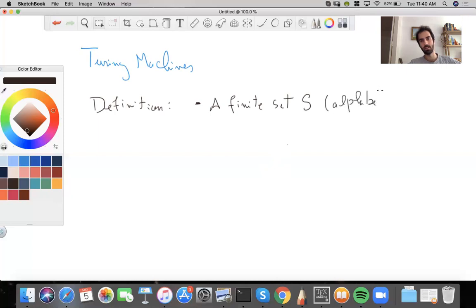This is the name of this set. Okay. We're going to need a blank element or character, which I'm going to denote by this symbol here. It's just a blank element. It's written nothing there. And this is part of the alphabet.